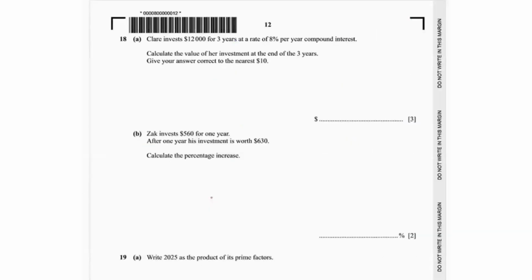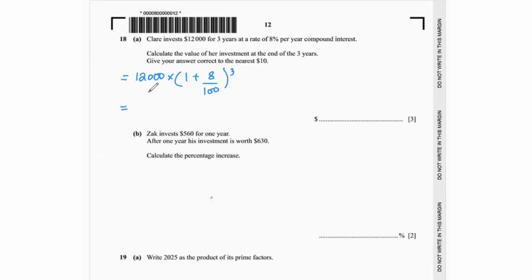Next question says, Claire invests $12,000 for 3 years at a rate of 8% per year compound interest. Calculate the value of the investment at the end of 3 years, giving the answer correct to the nearest $10. So compound interest has the formula of principal amount, which is 12,000 times 1 plus r/100, so that's 8/100, to the power of 3.